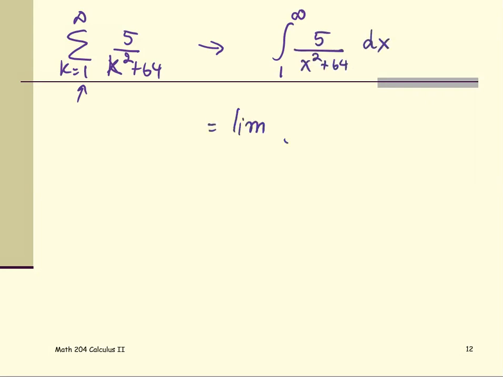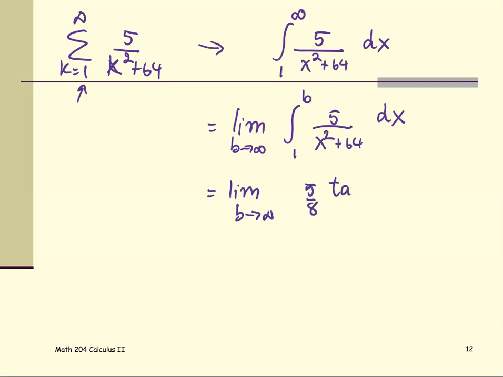Same process, introduce the notation b for the upper limit. Take the limit as b approaches infinity. Then we get the antiderivative as 5/8 of the inverse tangent of x/8 from lower limit 1 to the upper limit b.